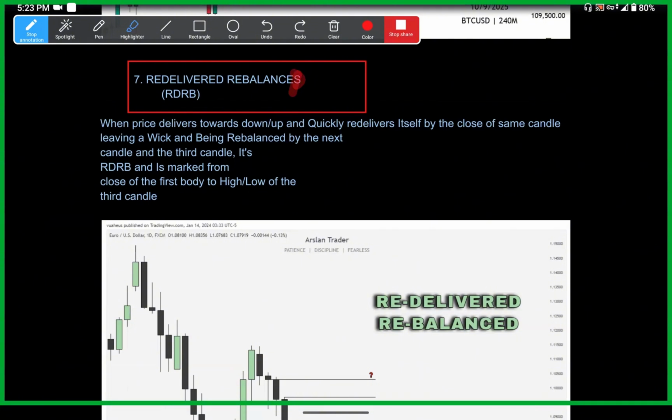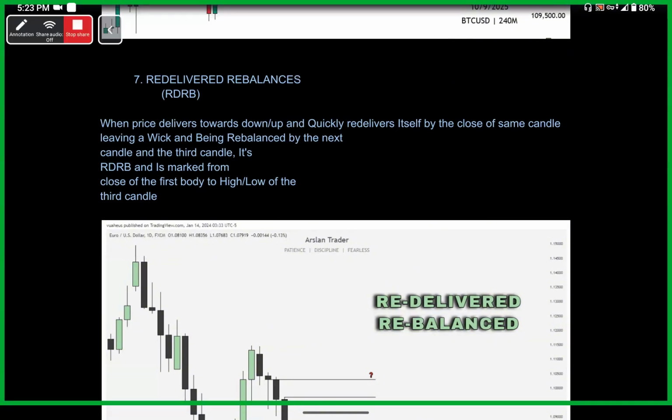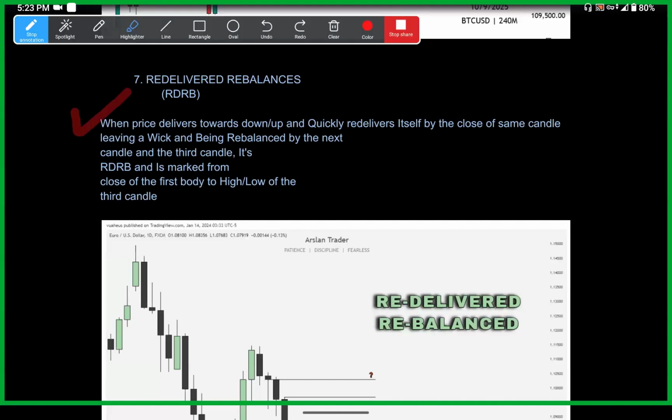Here is the illustration of when price delivers towards the down or up and quickly redelivers itself by the close of the same candle, leaving a wick and being rebalanced by this candle and the third candle.